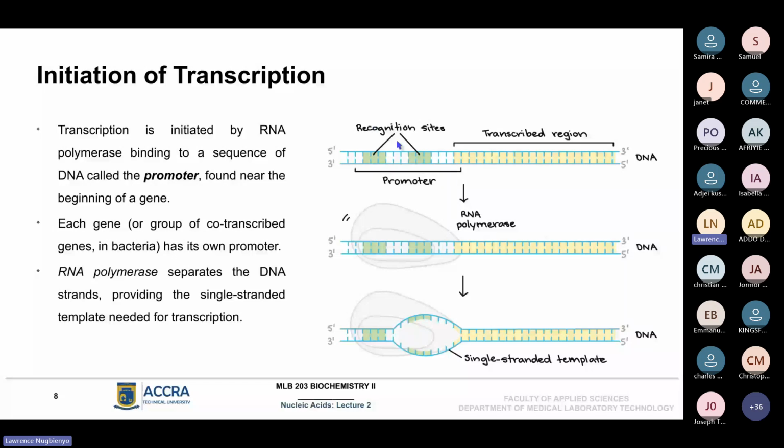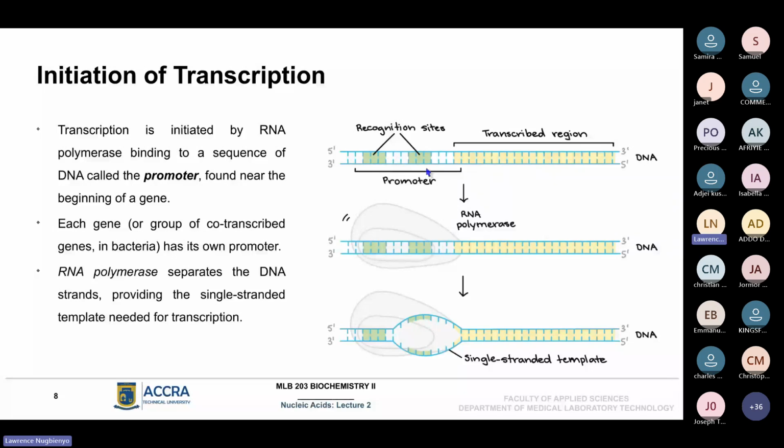So it means that the transfer RNA that is bringing an amino acid, the ribosomal subunits that come to bind to form the complex, they recognize these recognition sites. So they come to bind to this specific site.